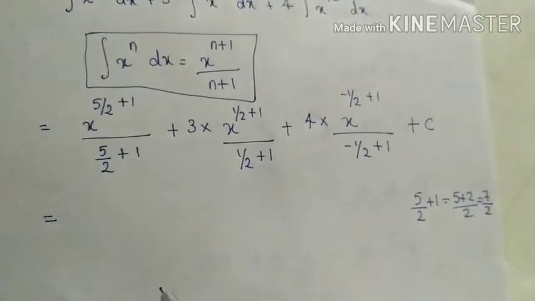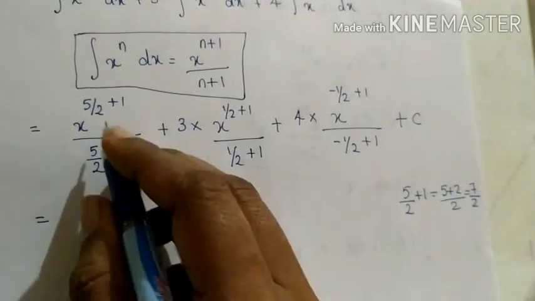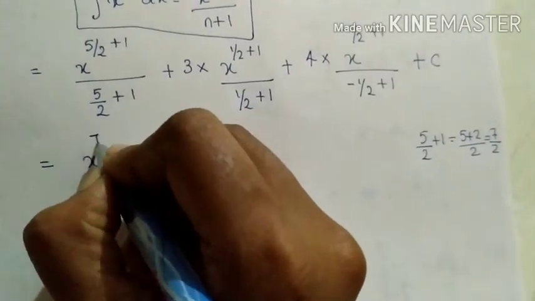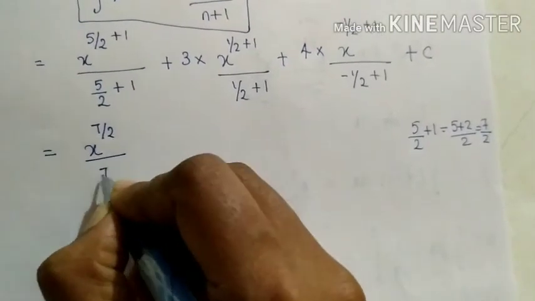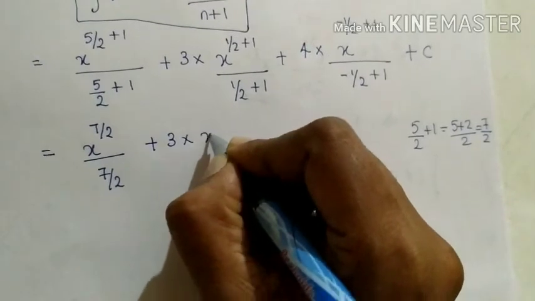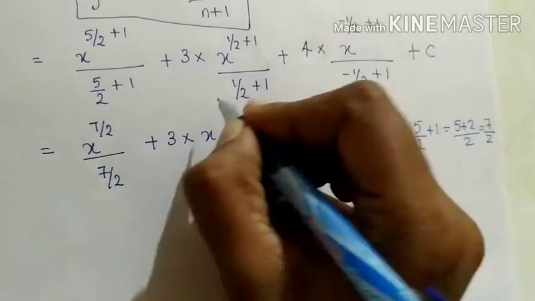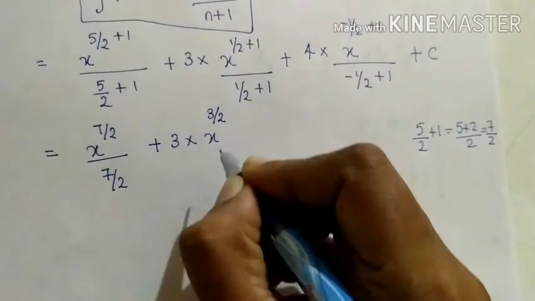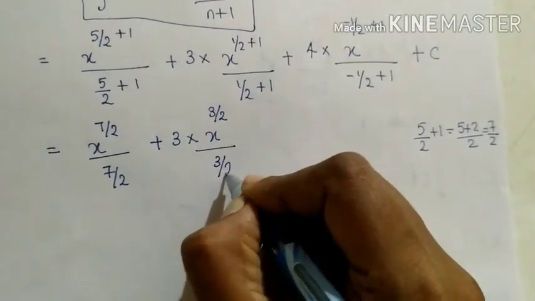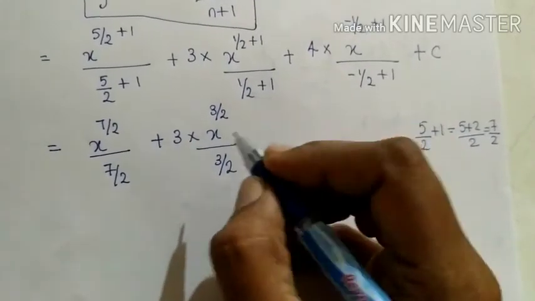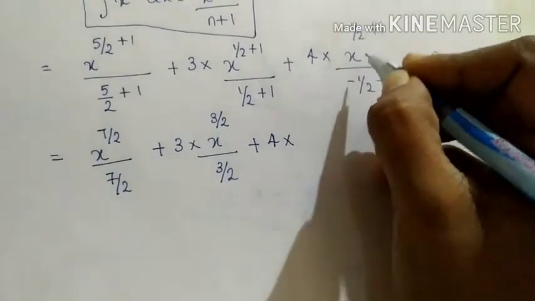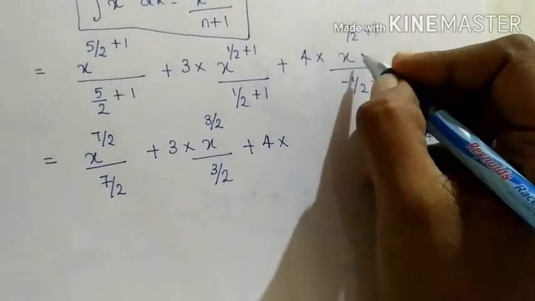So here, replacing 5 by 2 plus 1 by 7 by 2, we get x raised to 7 by 2 divided by 7 by 2, plus 3 into x raised to 1 by 2 plus 1, which is 3 by 2. We already know that 1 by 2 plus 1 is 3 by 2. So replacing this, we get as like this, plus 4 into x raised to 1 minus half, which is half.